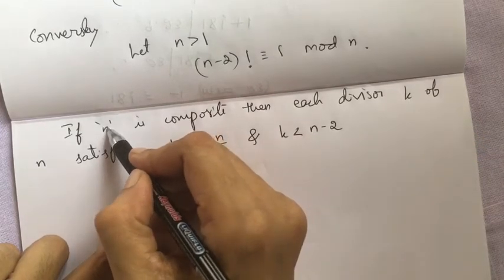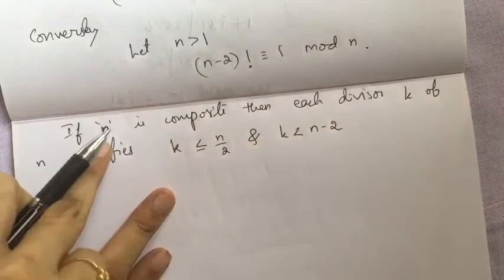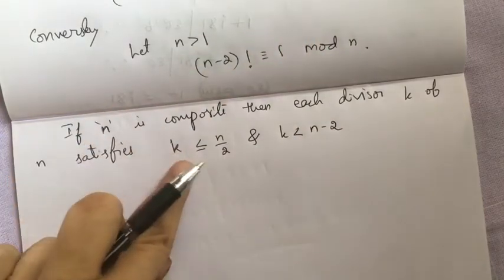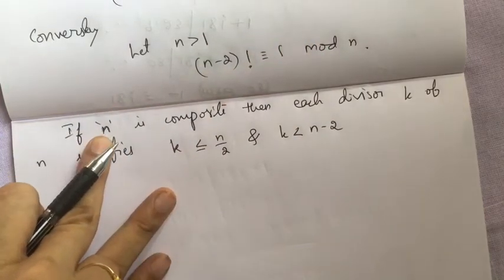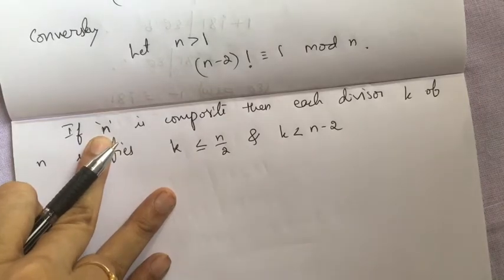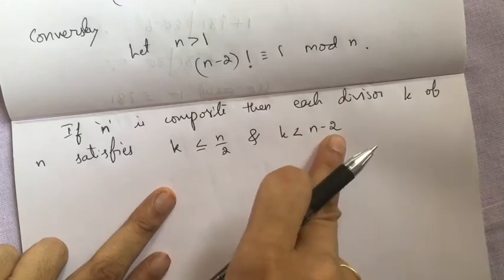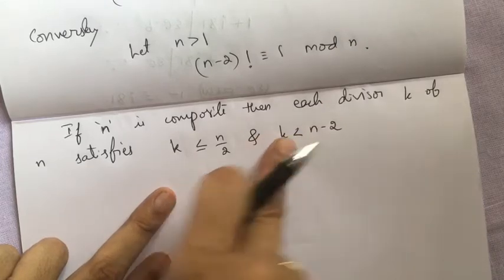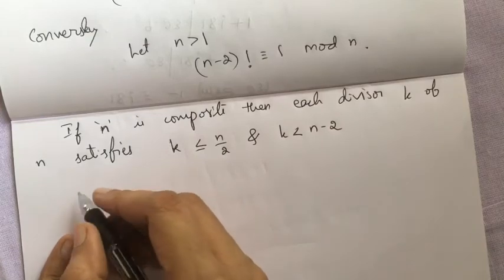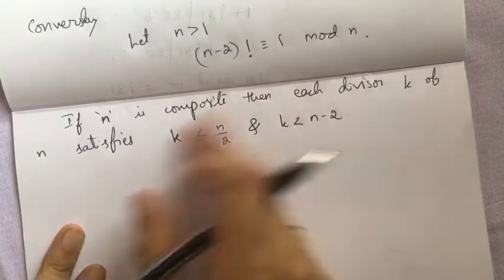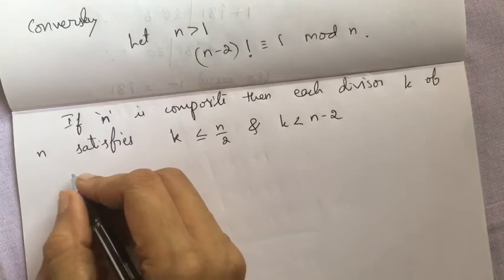When it has a divisor, say k into something is n, then that k must be less than half of this, and when I take out 2 from that, it should be less than that. It satisfies this. This is because of the conjecture.